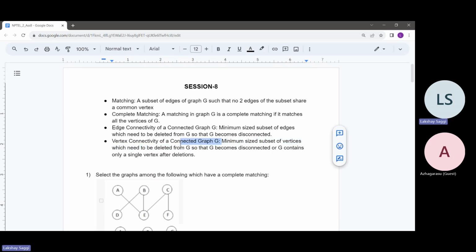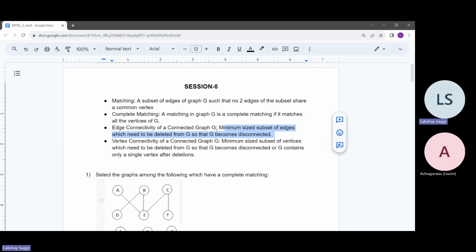The minimum size subset of vertices which need to be deleted from G so that G becomes disconnected. This was the definition I was following for now, but I realized that this definition is incomplete for vertex connectivity. For edge connectivity, this definition is correct: just deleting the edges so that graph G becomes disconnected.